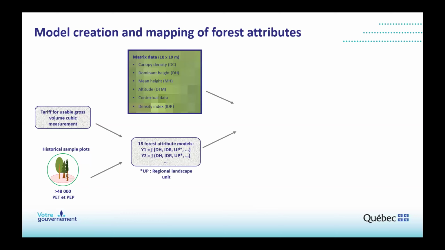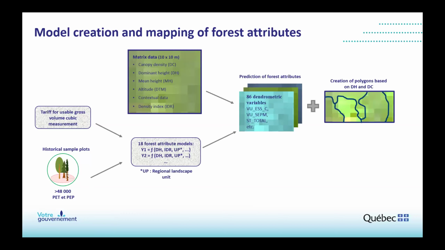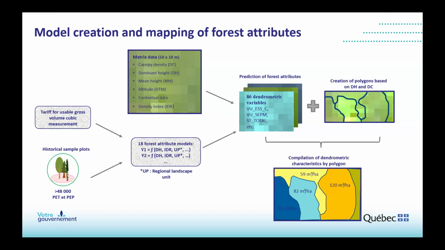Combined with our matrix data, we are able to make predictions for forest attributes. This gave us 86 dendrometric variables. In the final step, we integrate our predictions into the polygons that we have created, and this gave us our dendrometric map.